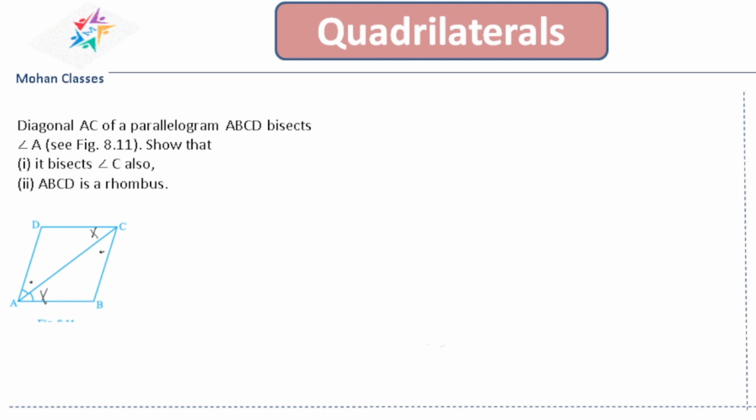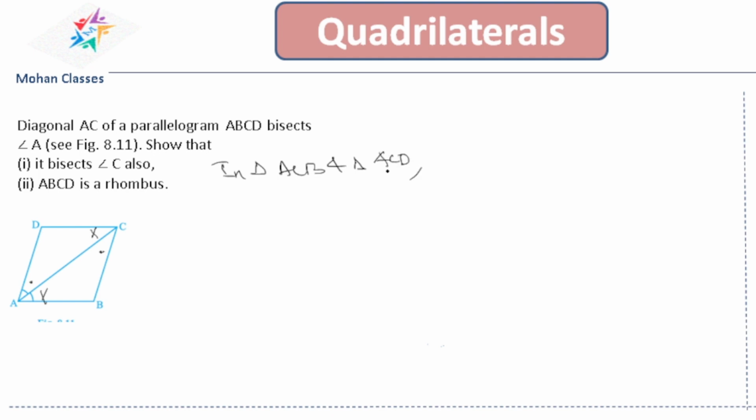Here, diagonal AC of a parallelogram ABCD bisects angle A, so that it bisects C also, and ABCD is a rhombus. Here we have to prove ABCD is a rhombus as well as the diagonal bisects angle C. In triangle ACD and triangle ACB, let us take triangle ACB and triangle ACD.